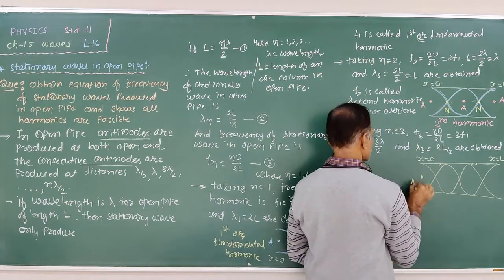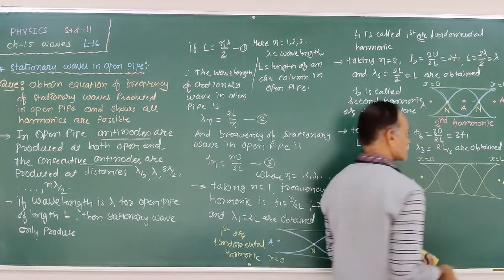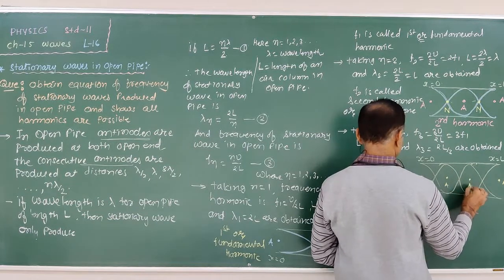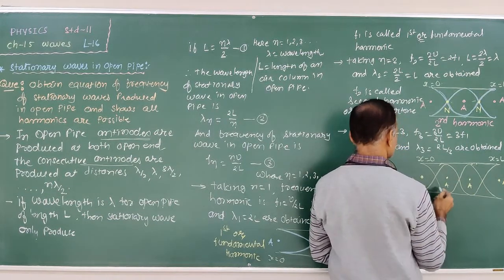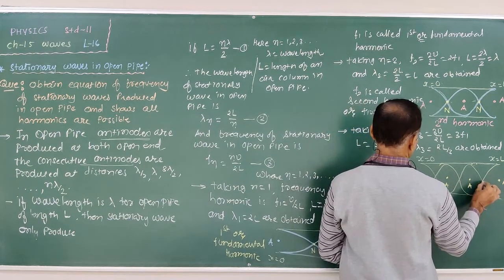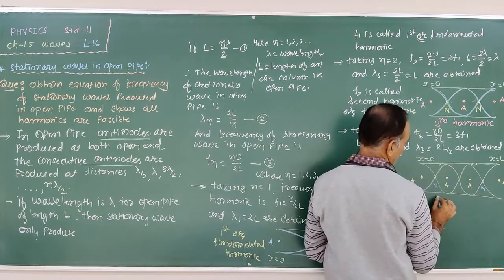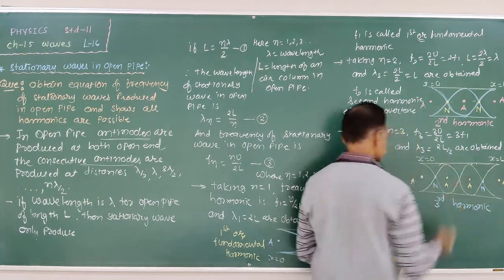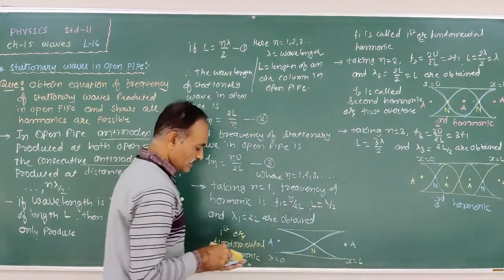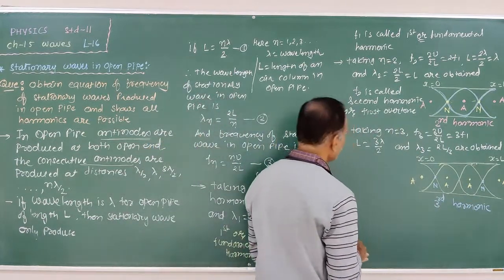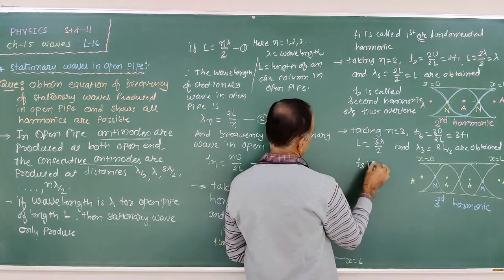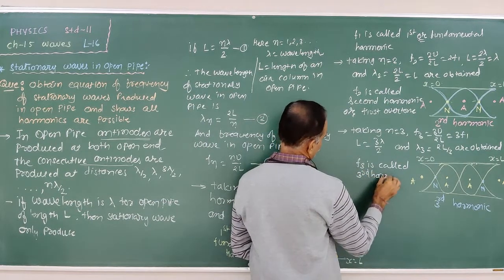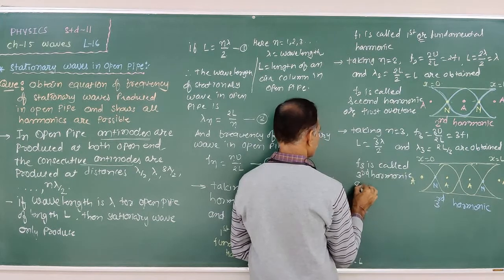So these are the antinodes, this and this. There are also antinodes in between, and those are the node points. So this is the third harmonic. F3 is called the third harmonic or the second overtone.